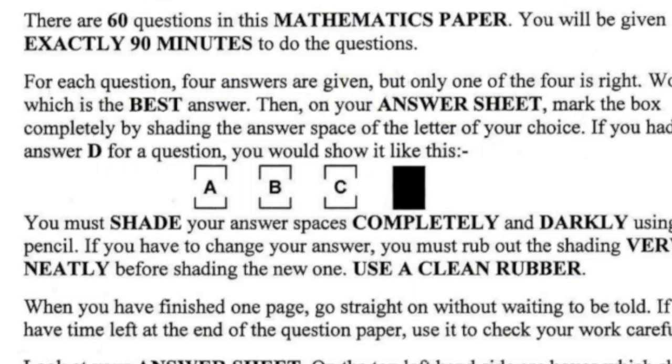If you had chosen D for a question, you would show it like this. You shade it like this to show your choice of answer. Don't cross it, don't tick it, shade it completely.